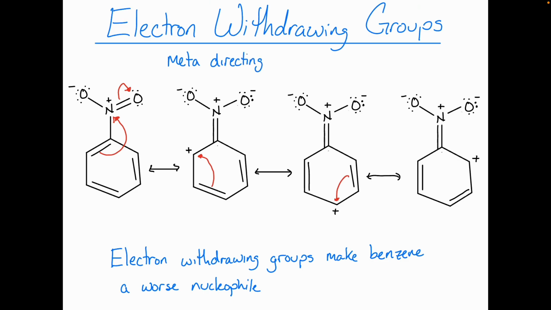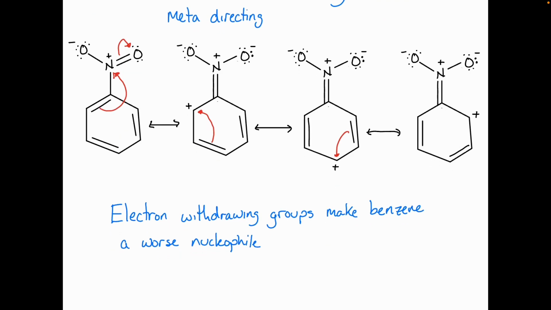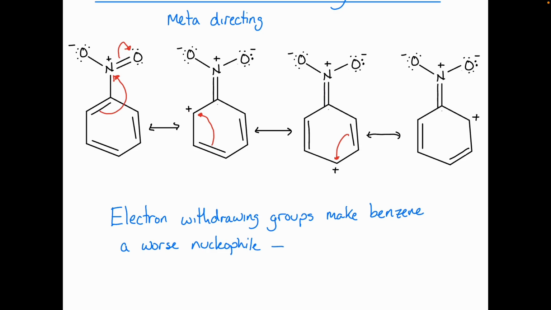But it's not so much that they stabilize the meta position or add electron density to the meta position. They just make the ortho and the para positions terrible nucleophiles, right? They're taking electron density specifically away from those ortho para positions. So electron withdrawing groups make benzene a worse nucleophile specifically at the ortho and para positions.